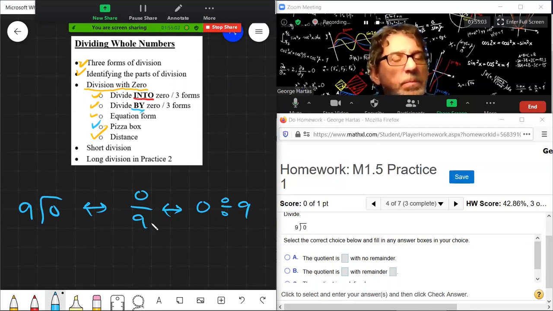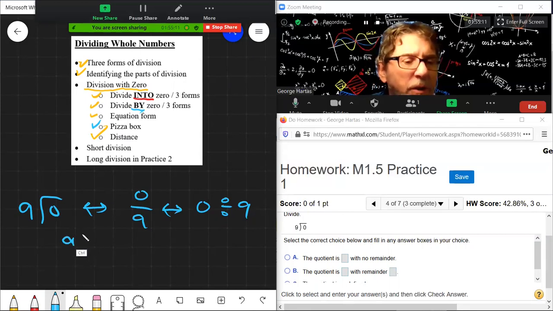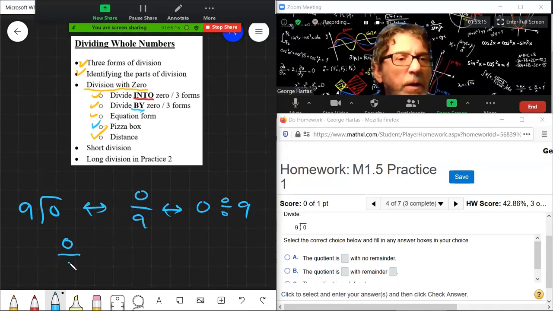If not, you can do the equation form. Let's do the equation form. I can't remember what it is, so let me do the equation form so I can figure it out. I'm going to guess the answer is 0. Well, let me see. 9 times 0 is 0. Oh, yeah. Good. So our answer is 0, and there's no remainder.